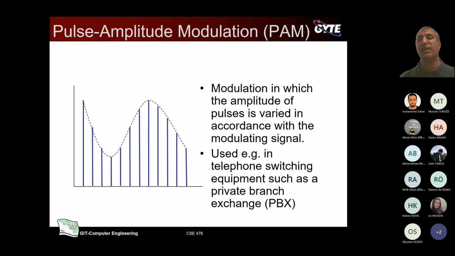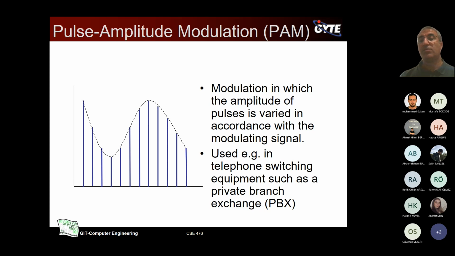So this pulse carrier has different types of modulation. One of the most popular is PAM, pulse amplitude modulation. In this case, by adjusting the amplitude of the pulse shape, we assign different bits to different pulse amplitudes.